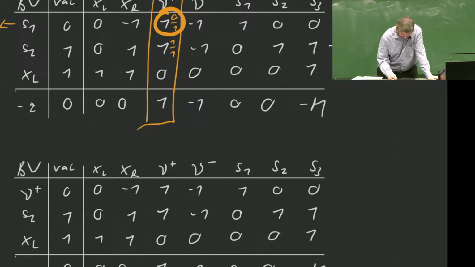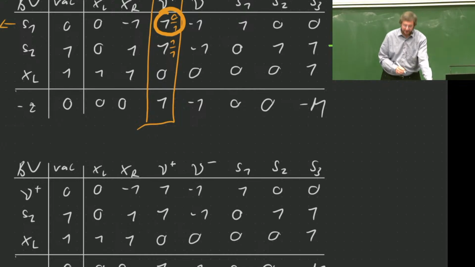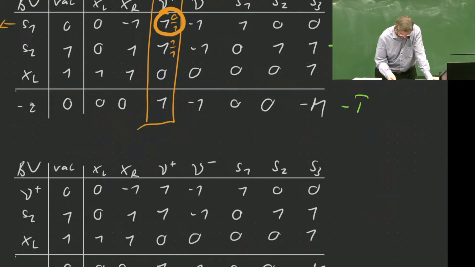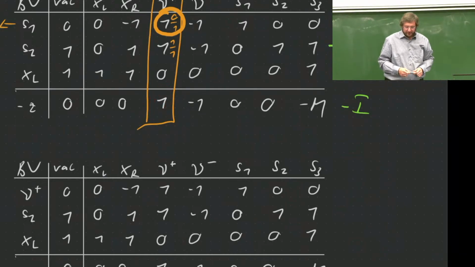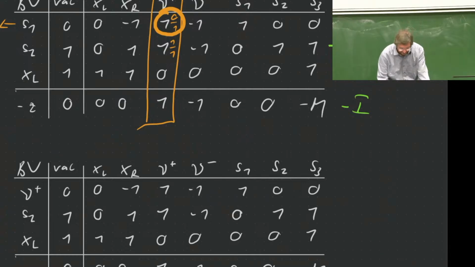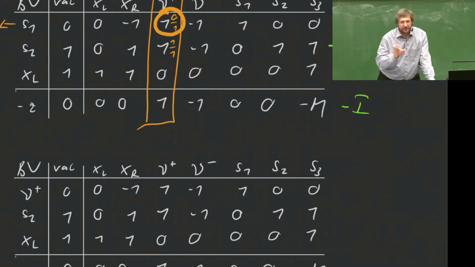And we do that by simply subtracting the first row from that second one. And then we also need to take care of the reduced cost. There's a 1 in here. We need to make that a 0 as well. So again, we just subtract the first row from that reduced cost row. Third row is fine. We have a 0 here already.